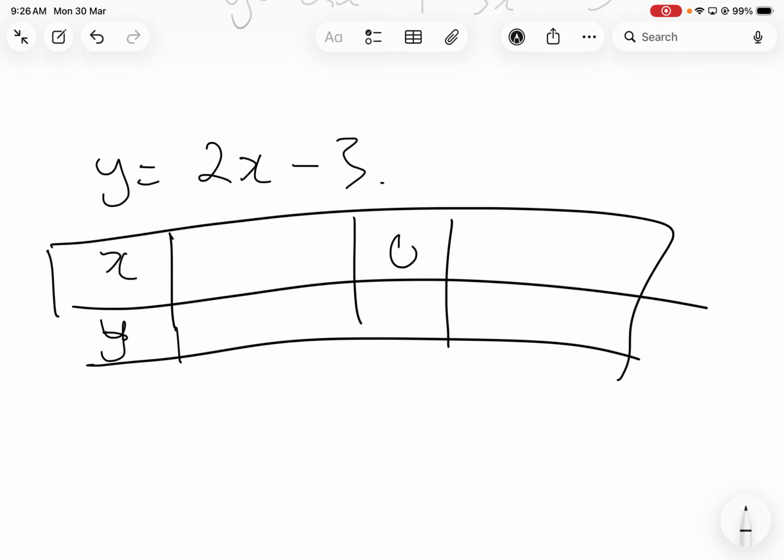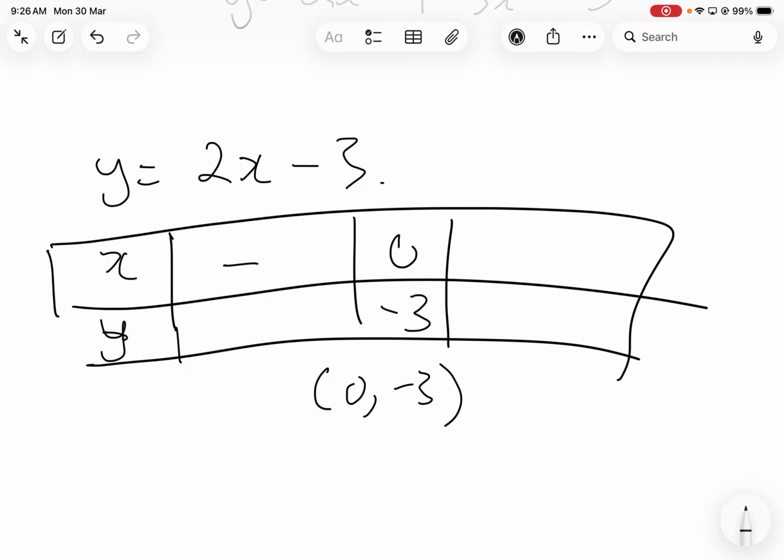So I will do my substitution. Substitute x equals to 0 back into the equation. Then I can find that y equals to -3. Okay? And together, when x is 0, y equals to -3, this gives me a coordinate (x, y). Then I can plot this relationship onto a graph paper.